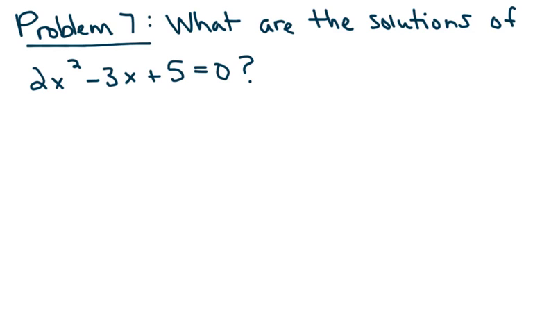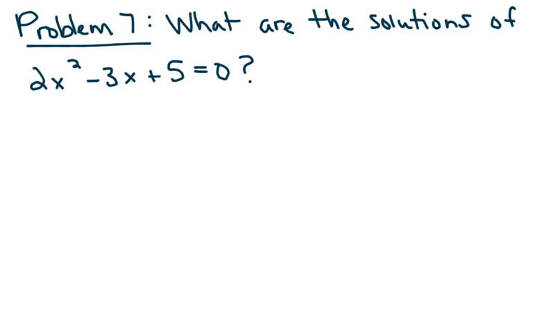But the graphing calculator won't tell you the exact solutions if the solutions are irrational numbers, and it won't tell you the solutions at all if the graph doesn't even touch the x-axis, in which case the answers are now imaginary rather than no solution. So if you graph 2x squared minus 3x plus 5, you'll notice it does not hit the x-axis.